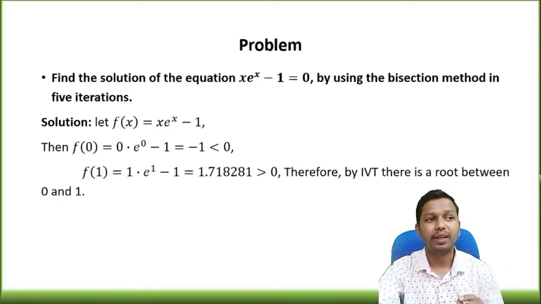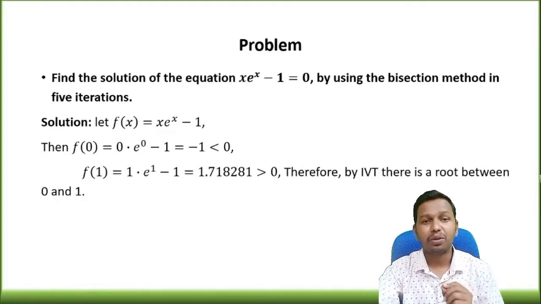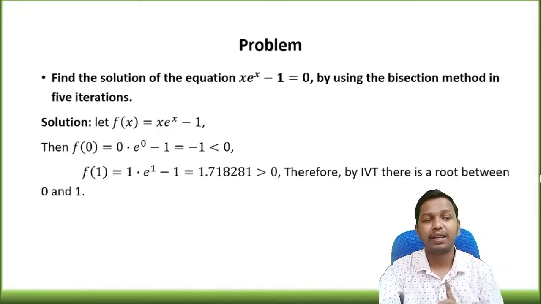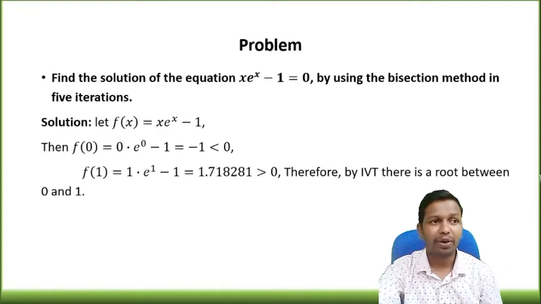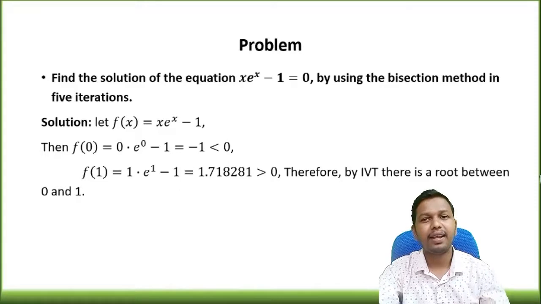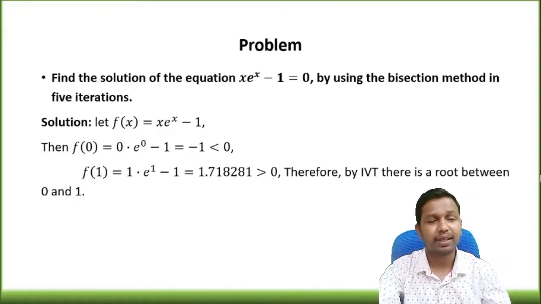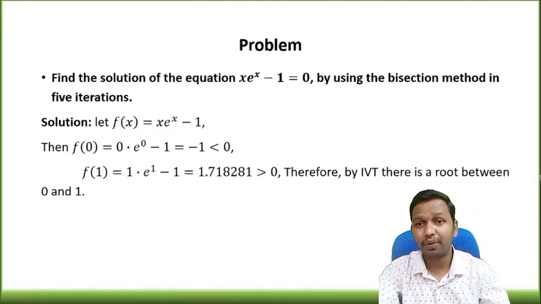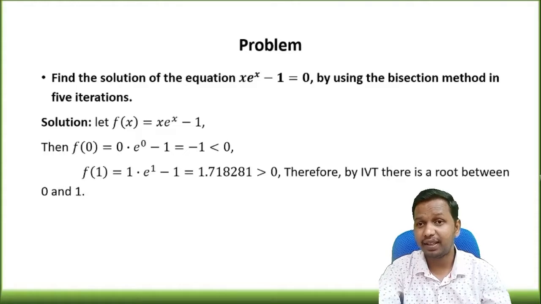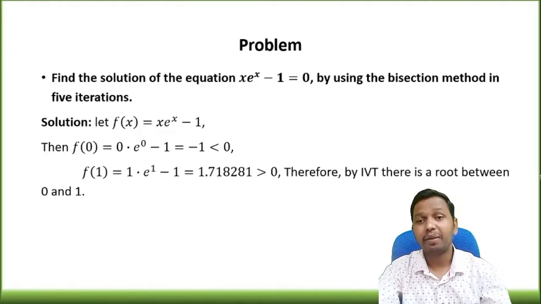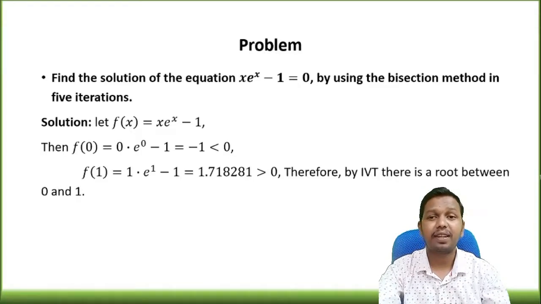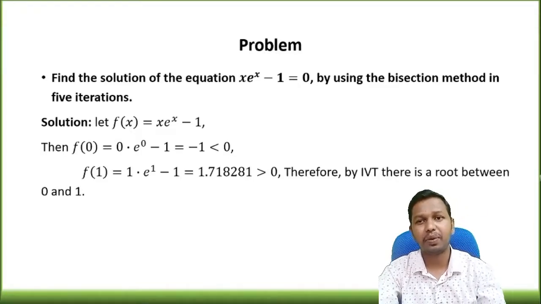So f of 1 equals 1 into e power 1 minus 1 equals 1.718281. Clearly it is a positive number, greater than 0. Therefore, f of 0 and f of 1 have opposite signs. Hence, by the intermediate value theorem, the function has a root between 0 and 1.